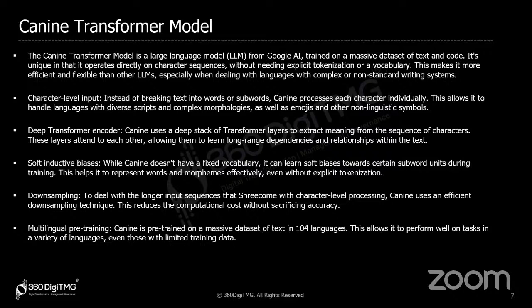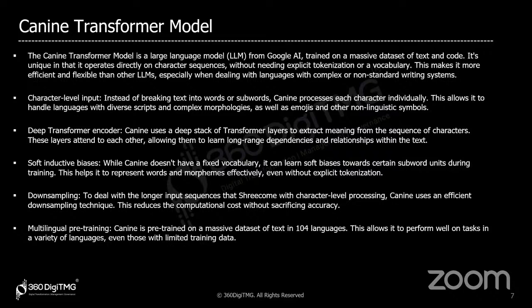Okay, so what is it saying? It is developed by Google AI, and it is designed to handle text at the character level. Earlier in T5, we were working on tokens, like words or subwords. Here in Canine Transformer, it is focusing on the character level rather than words or subwords.